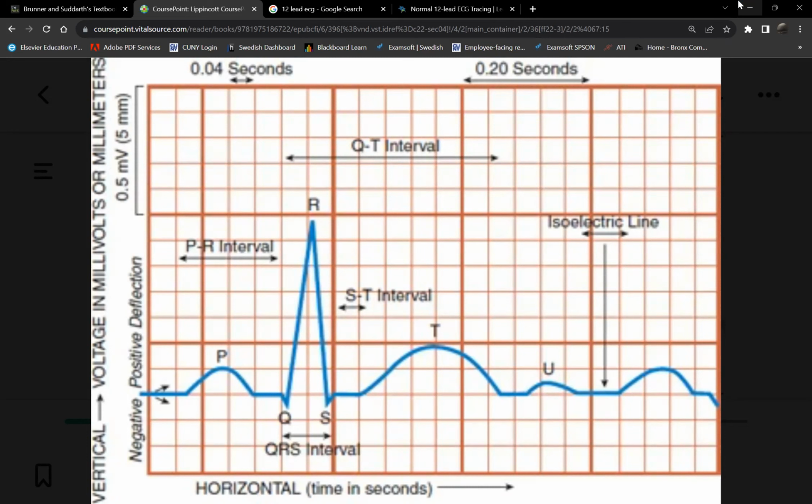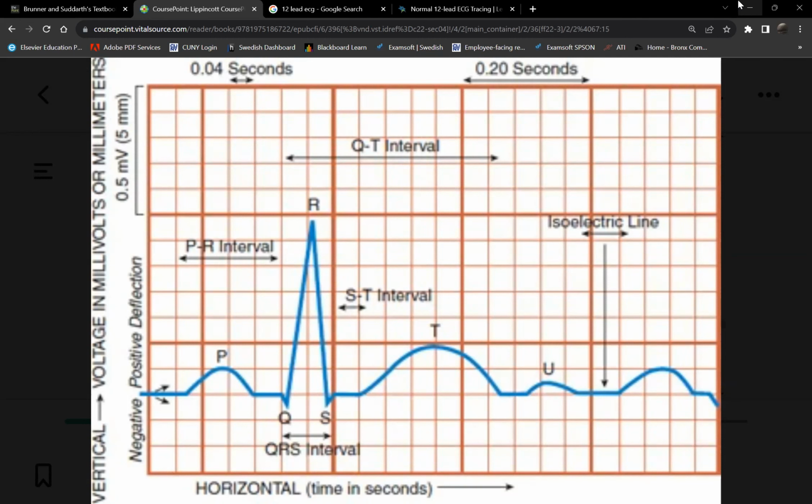The vertical axis measures voltage. We also measure it in millimeters. So one big box, for instance, is 0.5 millimeters in height, literally millimeters, or in voltage, it's also in millivolts.